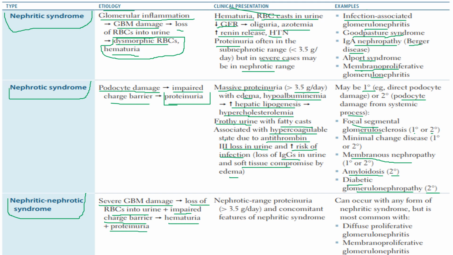Nephrotic range proteinuria is greater than 3.5 grams per day, and concomitant features of nephrotic syndrome can occur with any form of nephrotic syndrome, but are most common with diffuse proliferative glomerulonephritis and membranoproliferative glomerulonephritis.